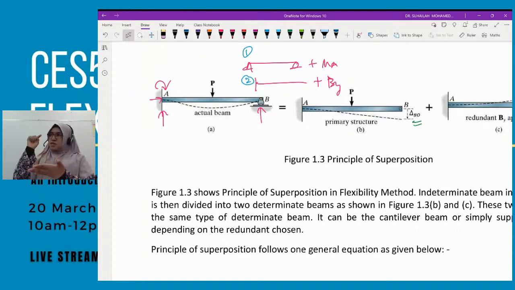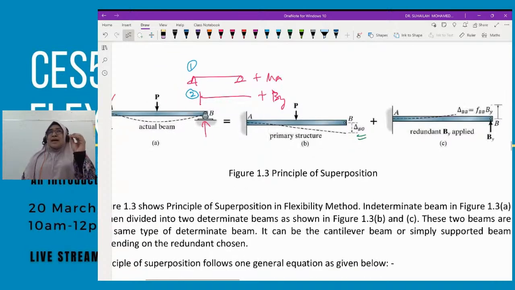B naught means position dekat B, primary structure. Delta B naught. Okay? Okay, sekarang ni B ni sama ke dengan A? Sama tak dengan A? Tak sama kan? So tak sama. So yang kita namakan dia principle of superposition tu, kita kena tambah dua-dua dapat balik A.